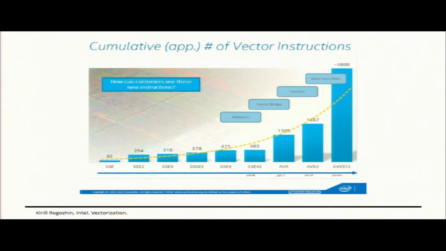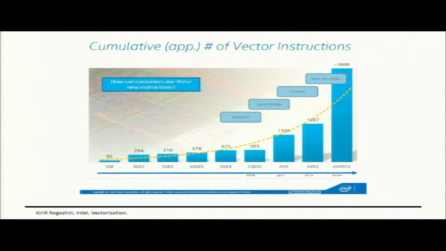So on recent machines, what this slide is trying to show is, this picture is slightly blurry it seems. On recent generations, support for vectorization has grown tremendously. Intel is investing a lot to extend the capabilities of vectorization in their hardware. The number of vector instructions you have now is greater than 3,000, and it is increasing at a very steep rate.